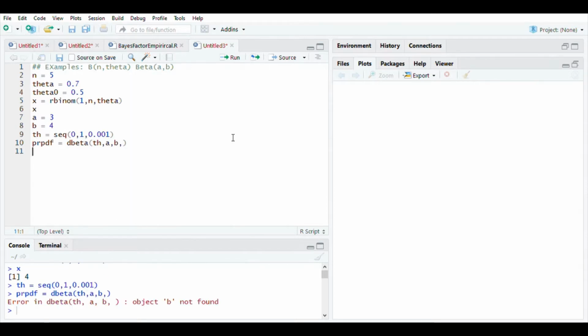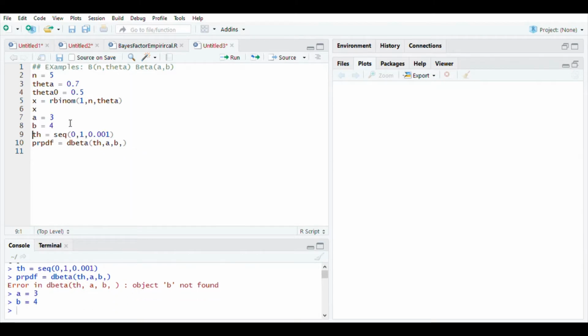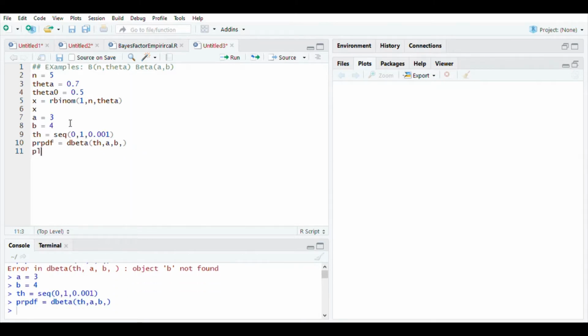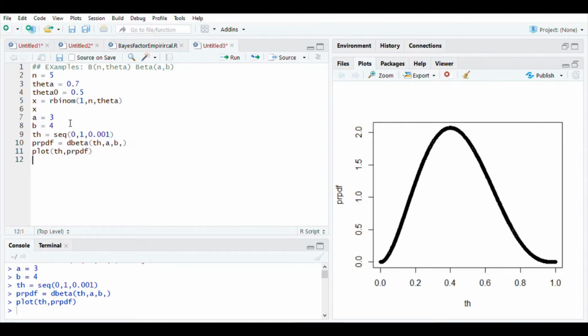Oh, I did not run a and b. So now let us run it again. Now let us have a look at the plot. Okay, so the mode is around 0.4. So fine. Now let us compute the posterior PDF.